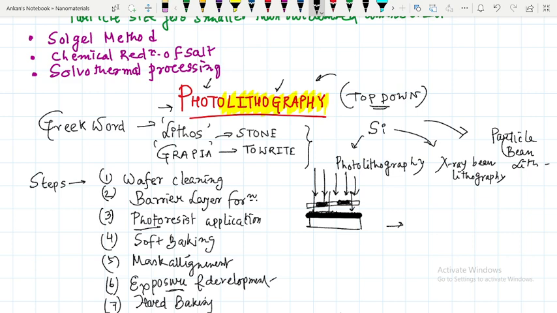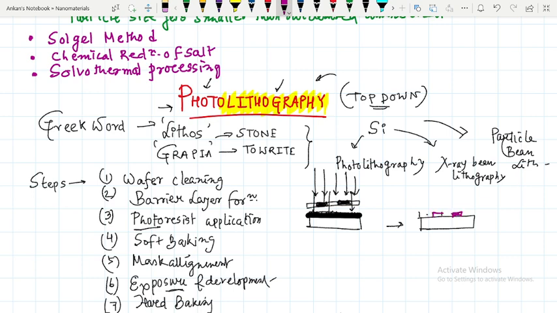can be classified into two types, positive and negative. Positive photoresist is one which gets soluble under the action of the radiation. The picture is opposite here.